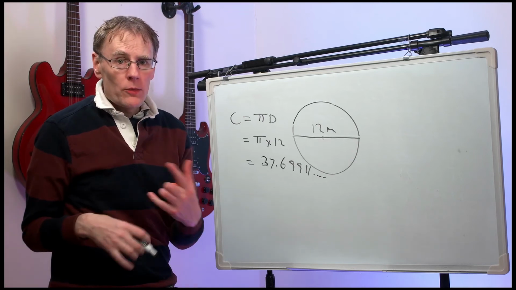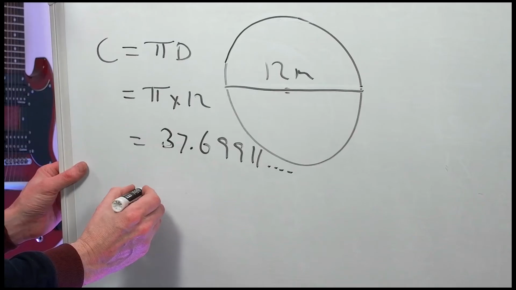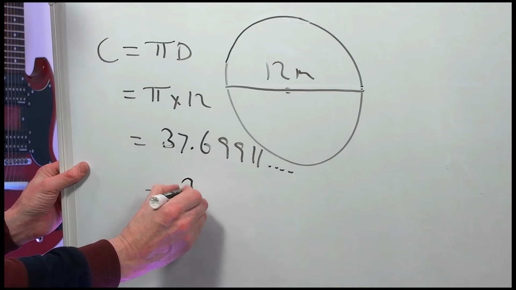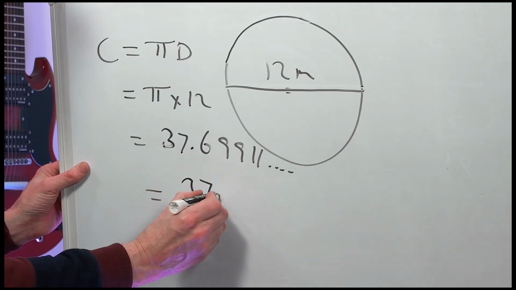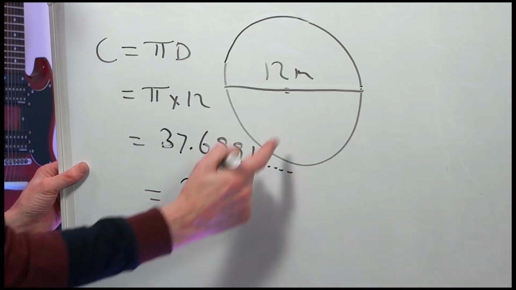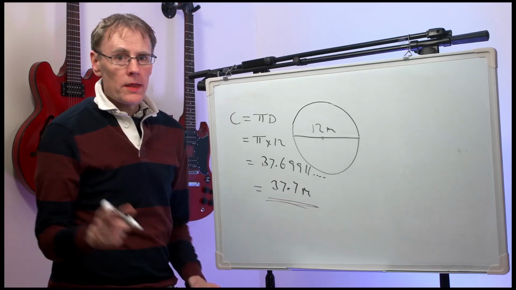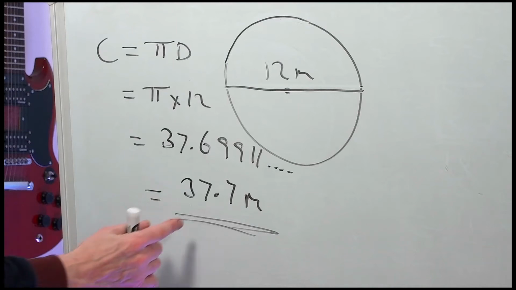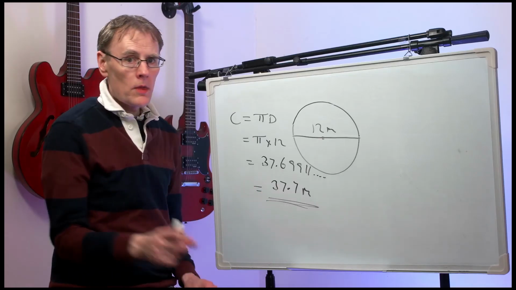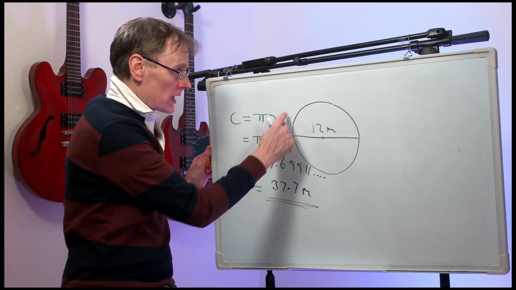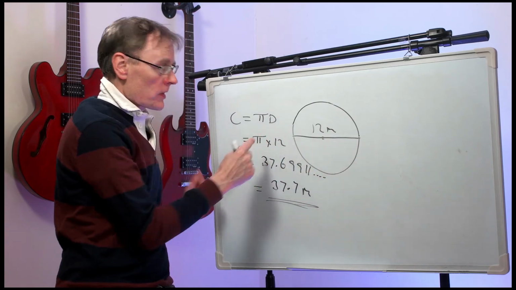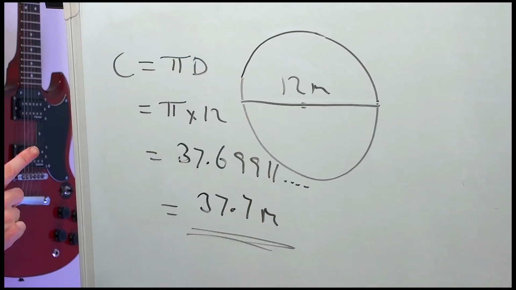So usually we round that number off. So let's say that number is approximately 37.7 meters. That's given to 3 significant figures. 1, 2, 3. Meters, it's just a length going around the edge, the perimeter of the circle, called the circumference.